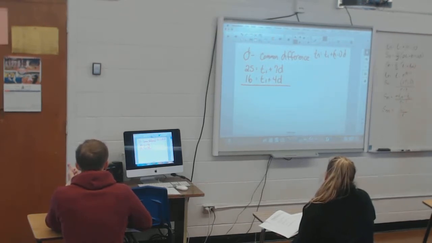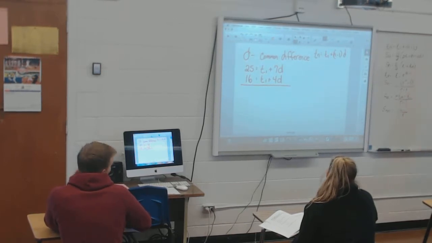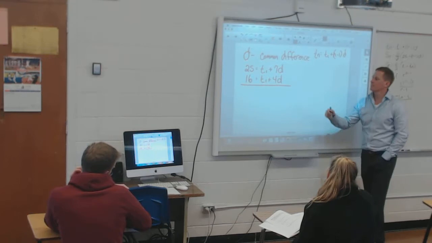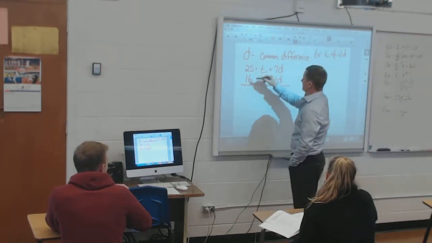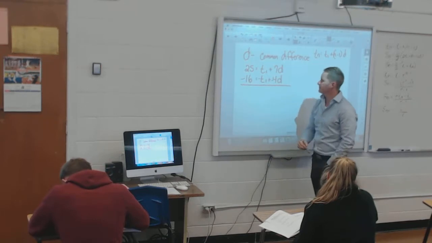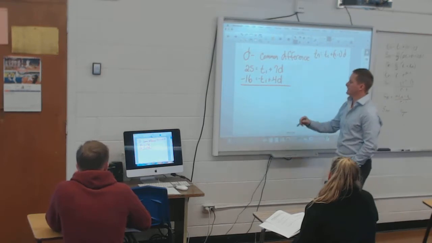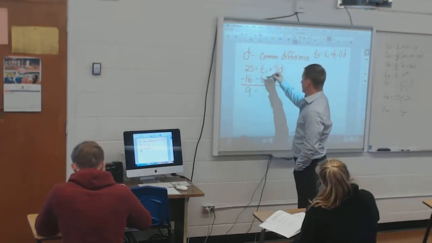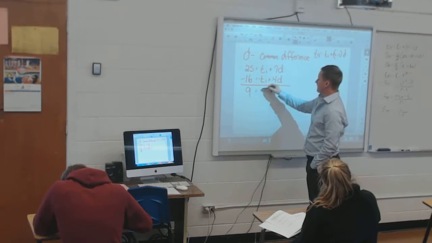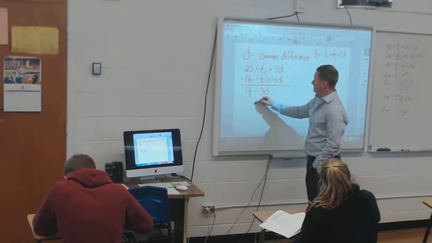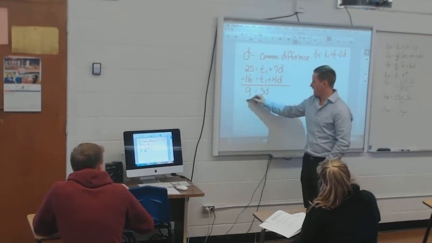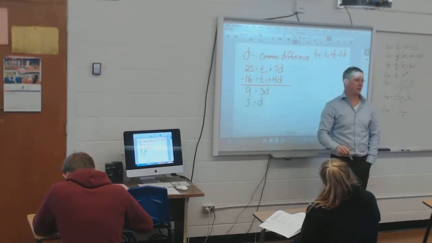Because I'm adding to get from one to the other, I could multiply one of them by -1. I'm going to multiply the second one by -1, so I change all of these signs. Now, when I add them together, which value is going to disappear? t₁. That's right. So 25 subtract 16 is 9. t₁ subtract t₁ is 0. 7 subtract 4 is 3. So 9 equals 3d, and 3 equals d. Now I have my common difference.